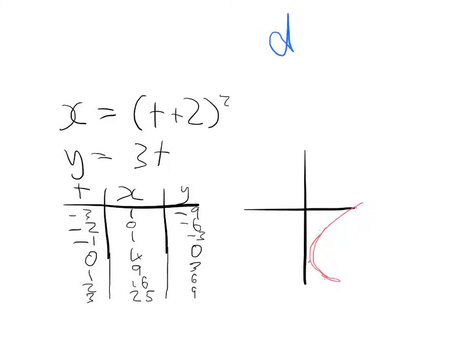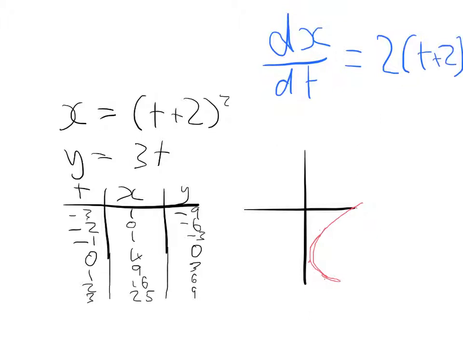So we can find dx over dt, which is going to be 2 lots of (t plus 2). And then we find dy over dt, which is going to be 3.